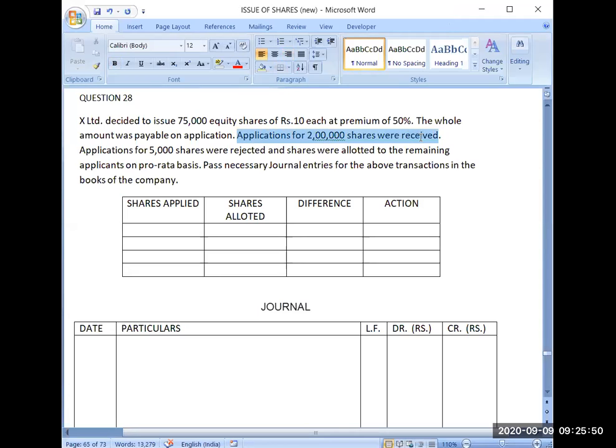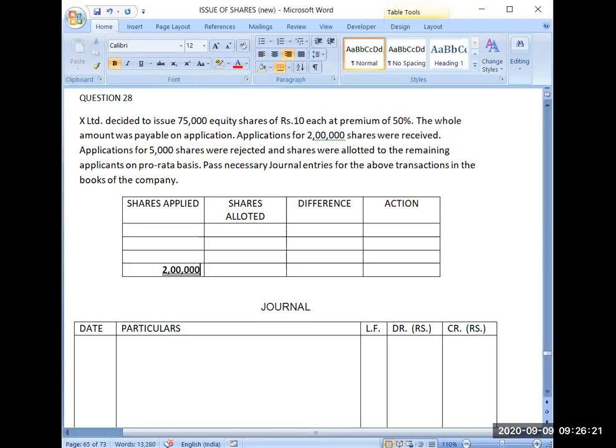Applications for 2 lakh shares were received. I was explaining the question, I was speaking this point also. But even then, we don't listen to things, and that's why we get confused. This is called barriers to communication. So total number of applications is 2 lakh. Yes, this point is clear.